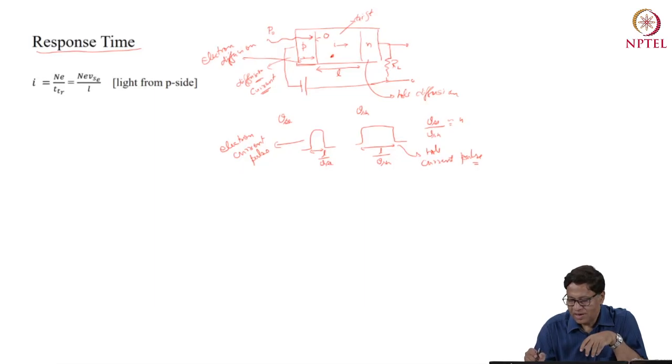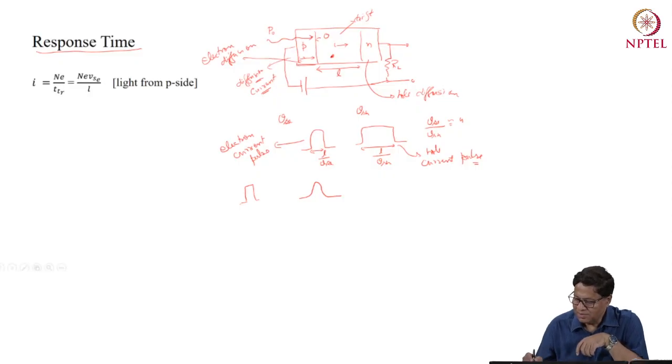But in actual practice, electron hole pairs can be generated anywhere inside the I region. So the effective pulse which you launch here, if you see the electron current pulse because of the optical pulse which is launched in this fashion, then it will be a little distorted. So this will be something like this.